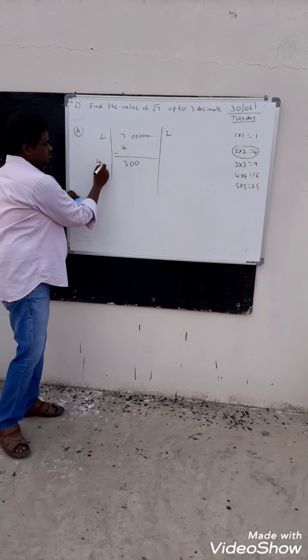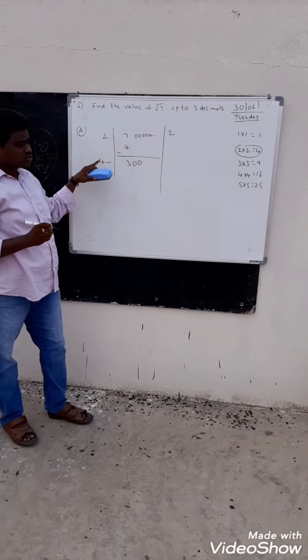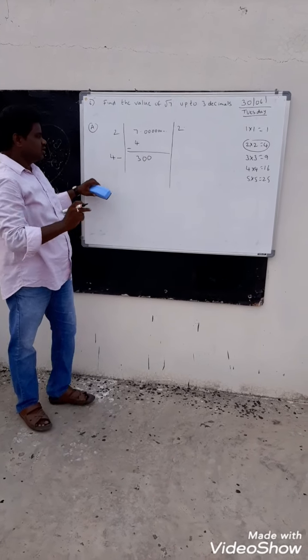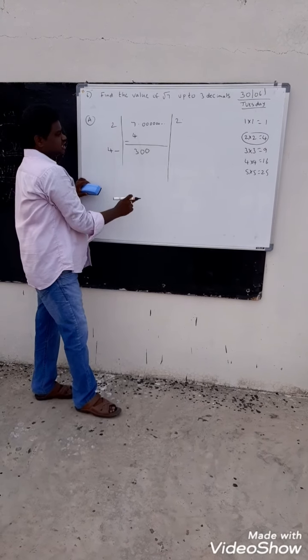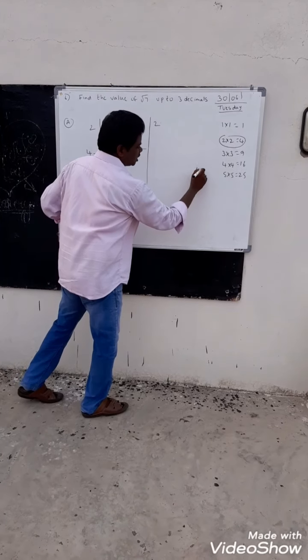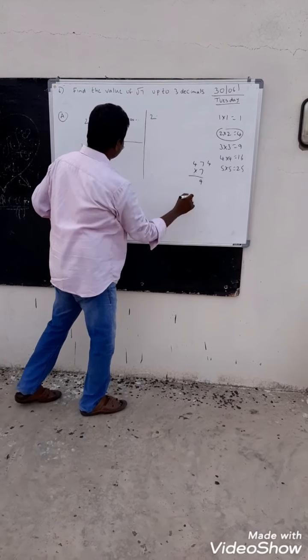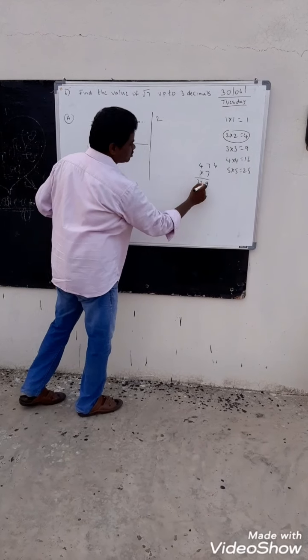See, already I told you, you have to place a digit here, 1, 2, 3, 4 and so on, anything, and you get 300. You know, 4 table in 30, how many times? 7 times. That means if you keep 7 here, 47 into 7: 7 sevens are 49, 7 fours are 28, 28 plus 4, 32.